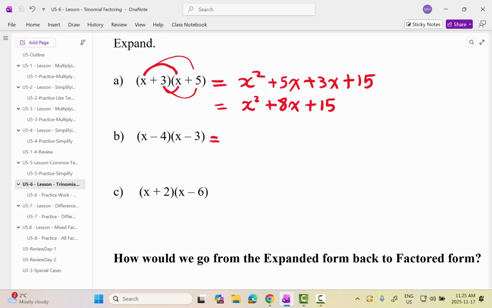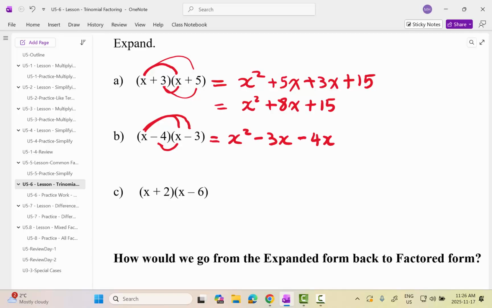All right, so let's try this one. x times x is what? x squared. x times negative 3 is what? Negative 3x. And then what do we do next? Negative 4 times x, you get negative 4x.